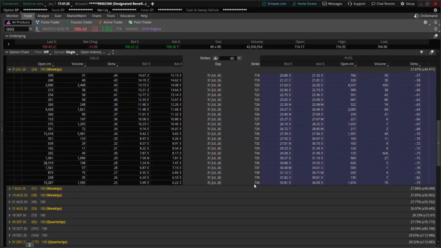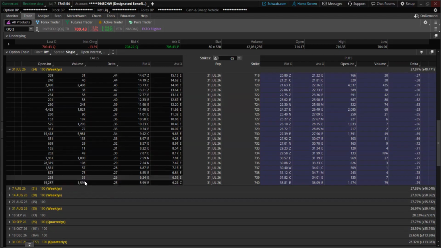So for the 740 strike, the open interest yesterday was 2,142, and the volume was 15,635.